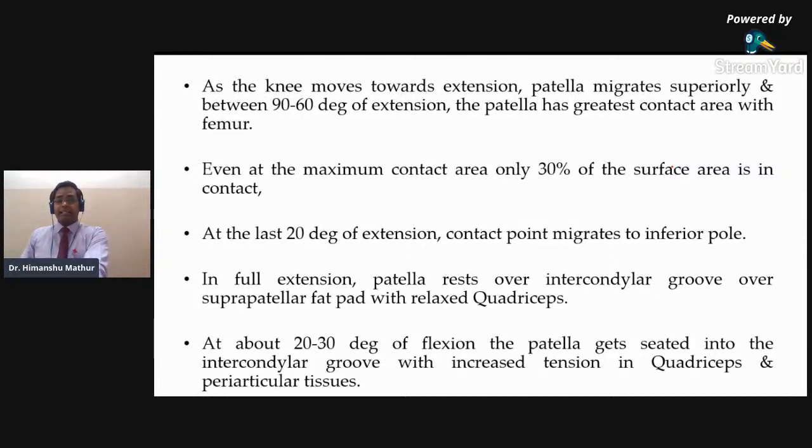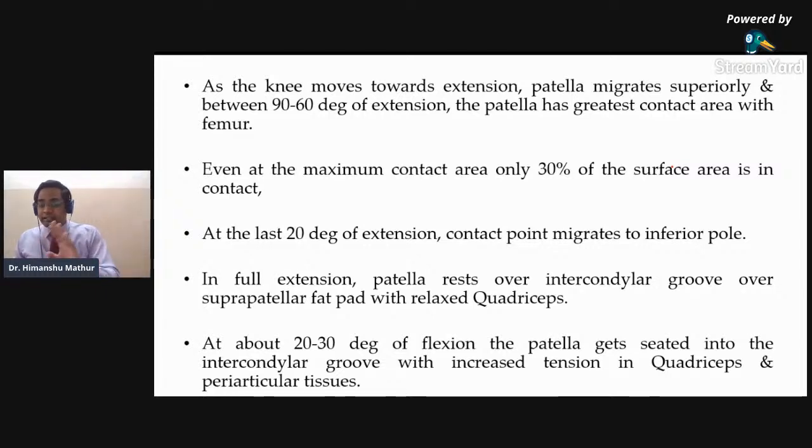Now, as the knee moves towards extension, the patella migrates superiorly, and between 90 to 60 degrees the patella has greatest contact area with the femur. It means that the highest amount of surface area has contact with the femoral articulating surface in the patellofemoral joint between 90 to 60 degrees of knee flexion.